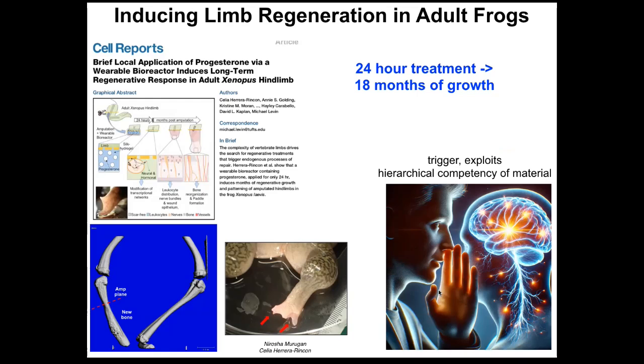The whole electric network of your brain and body is organized so as to take these low information content stimuli and do all of the downstream steps, moving all the biochemicals around so that the information sticks. That's what's happening here. We did not have to micromanage any of this. It's a 24-hour stimulus to convince the cells to go down the leg building path, not the scarring path. And that's it. After that, we take our hands off the wheel. And that's really what we're looking for.